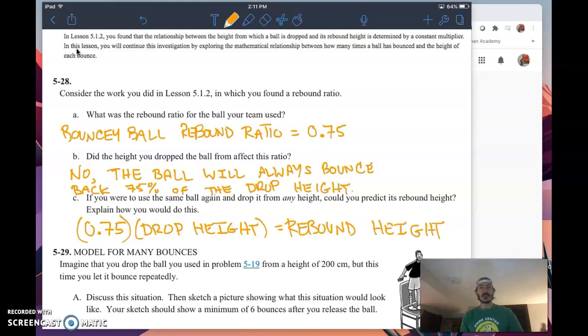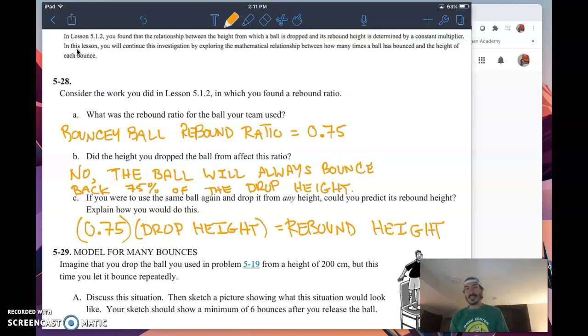And then, as you saw in the video and as we discussed yesterday, the rebound ratio was not affected by how high we dropped that, right? Yesterday we had that linear model that told us no matter how high we dropped that ball from, it was always going to come back to 3/4. We saw that in the slope triangle yesterday. We saw that by the fact that it passes through 0, 0.